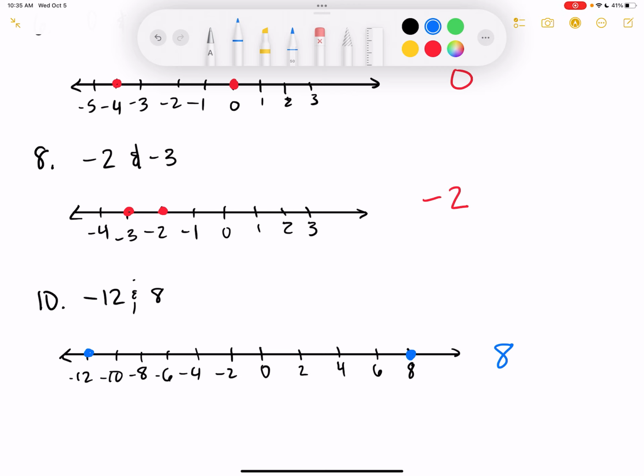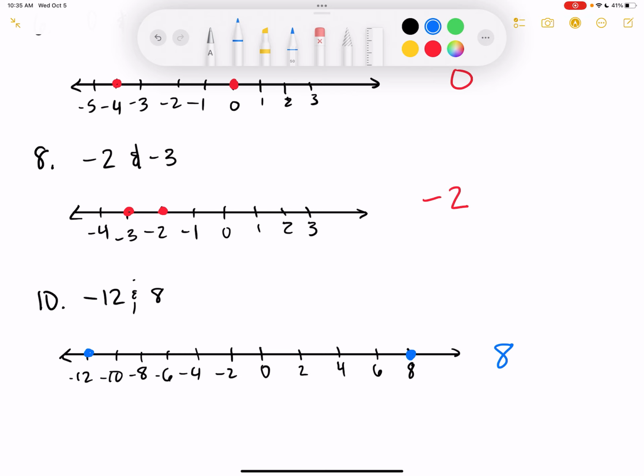Okay, so the next ones, it's kind of the same thing, but instead of telling which one is the biggest, we're going to label each number as either a whole number, an integer, or a rational number. Now, technically, whole numbers are also integers.